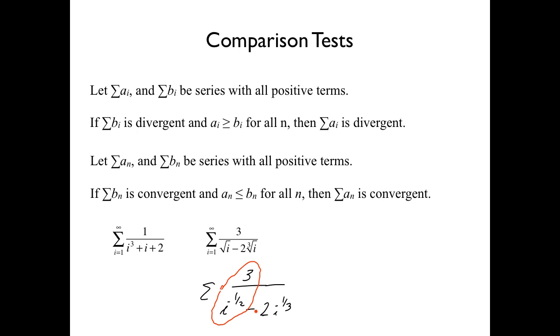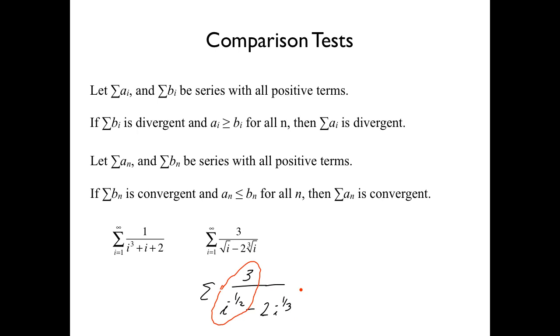So now what do we have? Now we're going to subtract off a positive number from the denominator. So what's that going to make that whole fraction compared to what I circled in red? I'm making the denominator smaller, which makes the whole fraction bigger. So the whole fraction is bigger than the series that I circled in red.